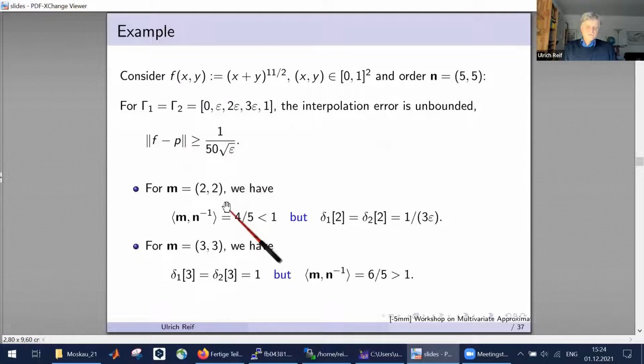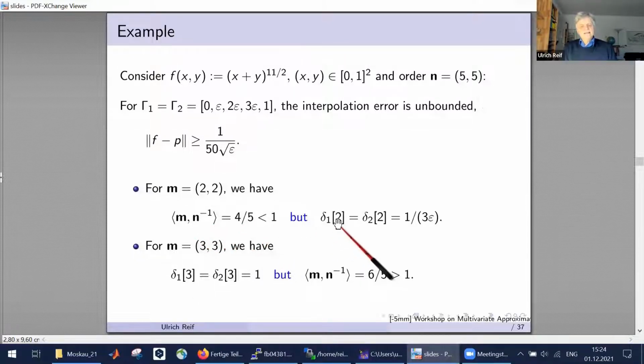And indeed, if we choose, for instance, m, this pair of numbers telling us how to compute these distances, if we choose that as 2, 2, then this is admissible because 2, 2 is less than 5, 5 in this sense. If you compute the sum of the ratios, you get 0.8.